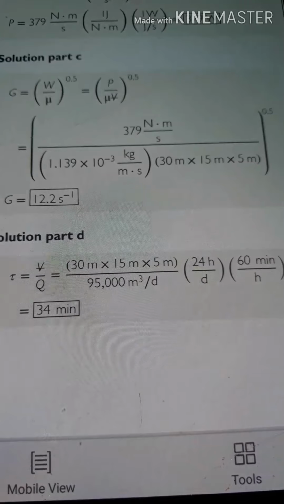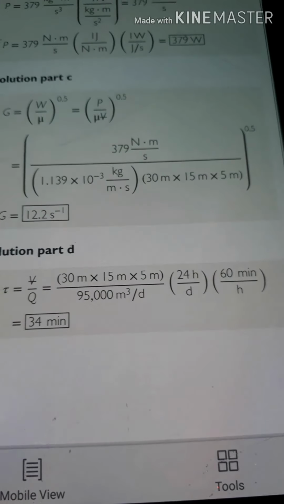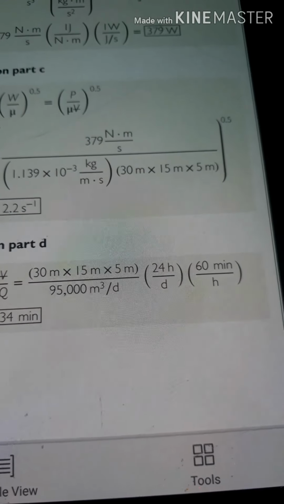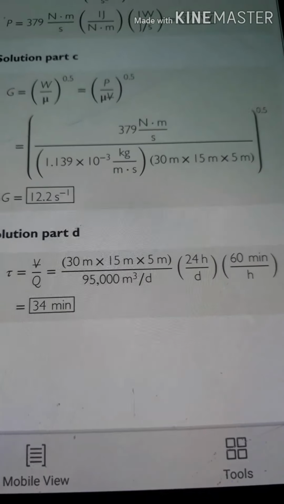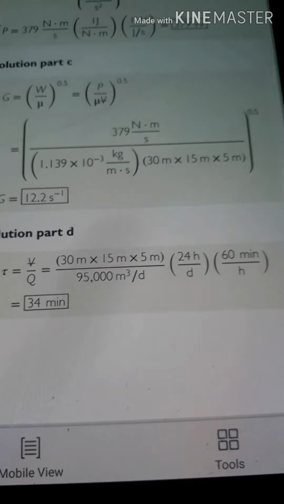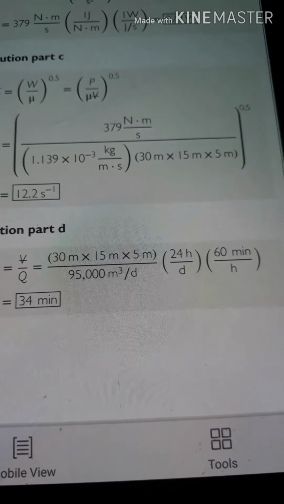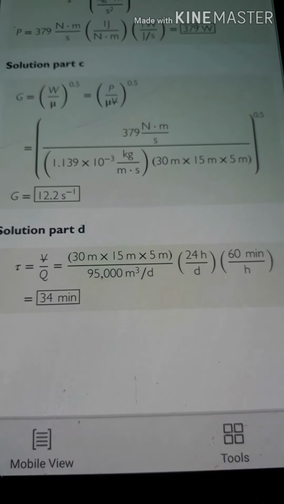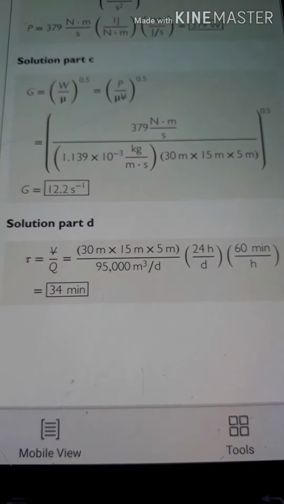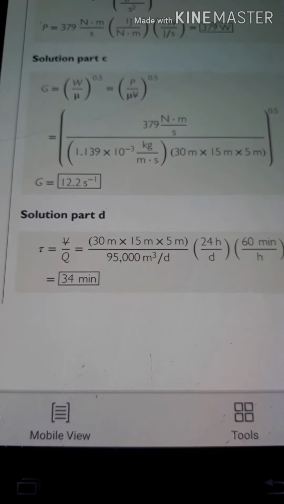For our detention time, since it is noted there that it should be in minutes, that's why we have this conversion factor beside our original equation and the given. So we have here the volume over our volumetric flow rate, which is 95,000 meter cubed per day, and the volume is 30 times 15 times 5.